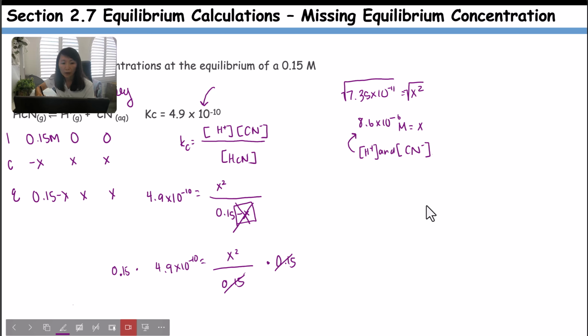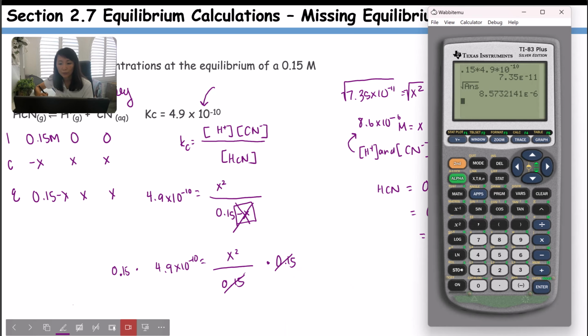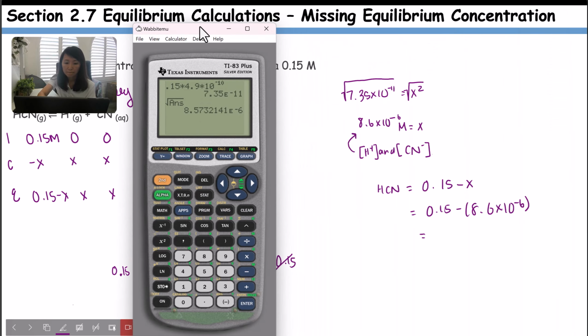What about for HCN concentration? Well, that's 0.15 minus x, which is 0.15 minus the 8.6 times 10 to the negative 6. So we'll go ahead and put that into the calculator too. 0.15 minus what we had before, and that gives me 0.15.